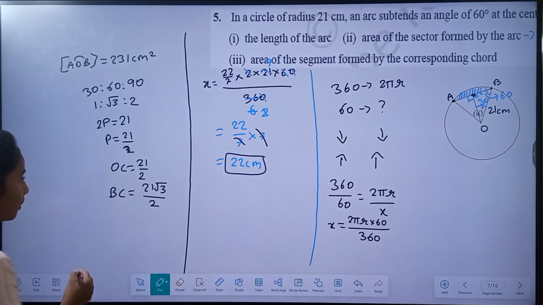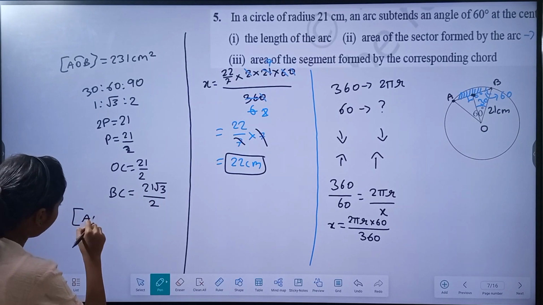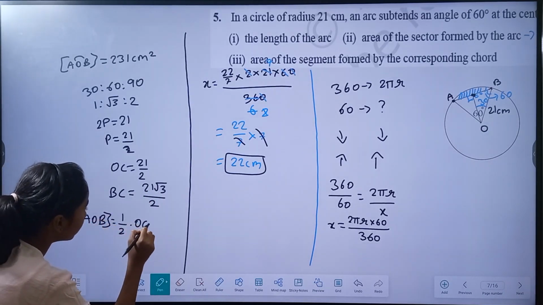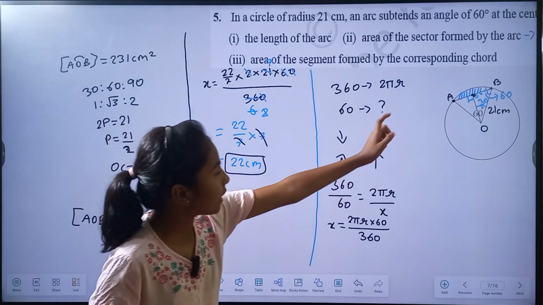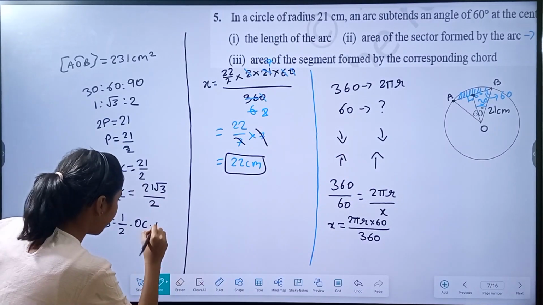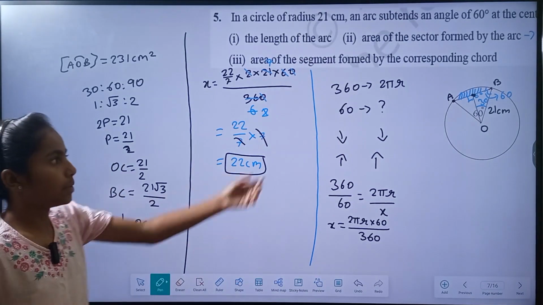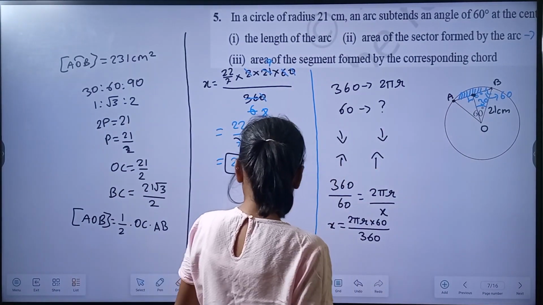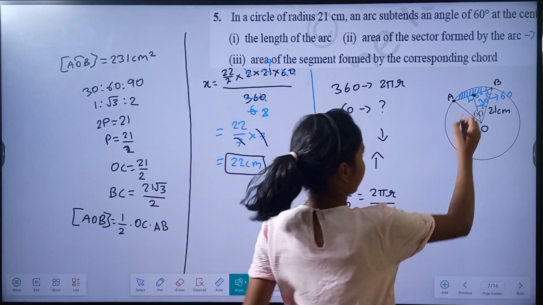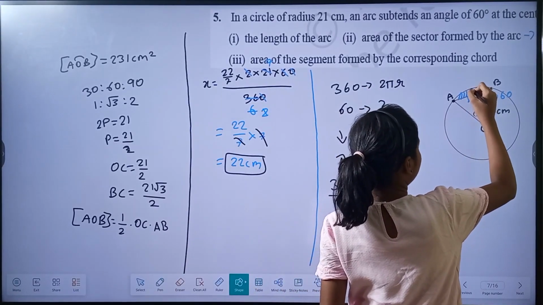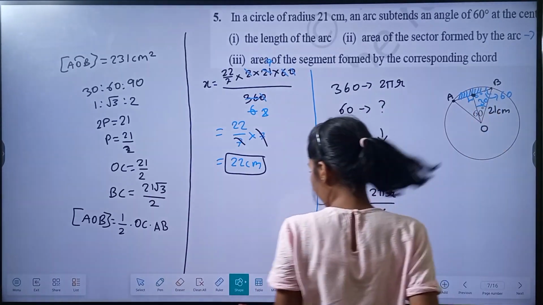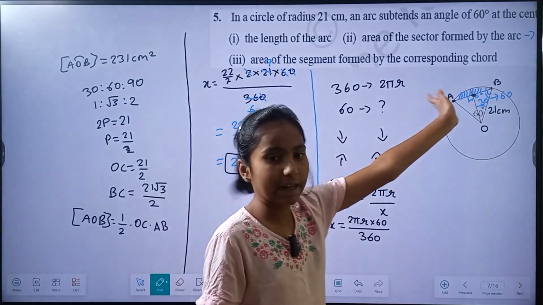The area of the triangle AOB equals half into OC into AB. And since AB is the chord, if we extend OC to the circle, that is the radius and AB is the chord.